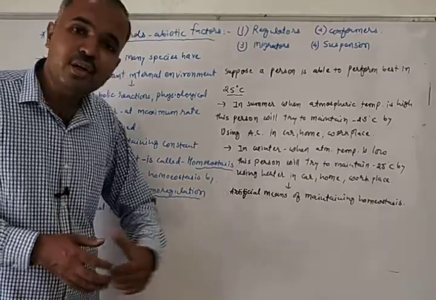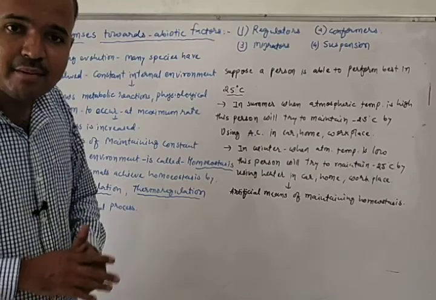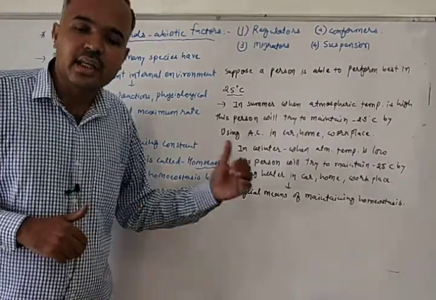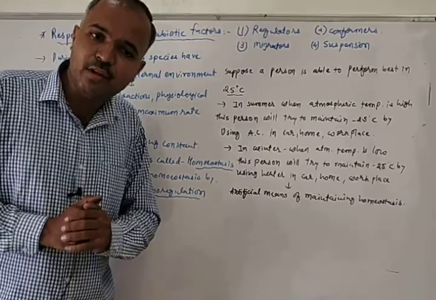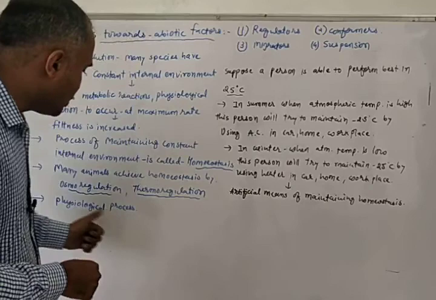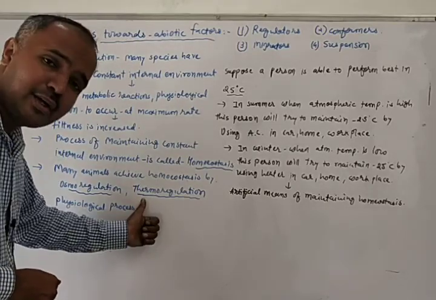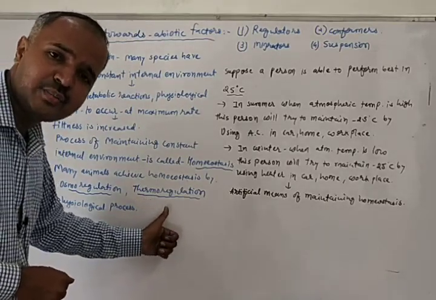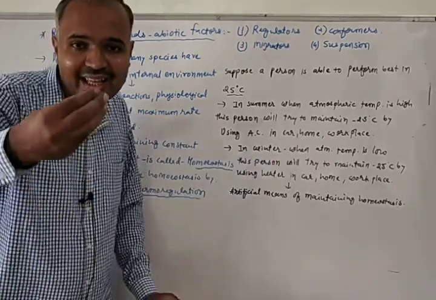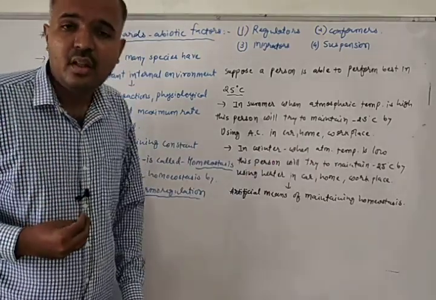So here homeostasis is achieved, but not by a physiological process, but by artificial means. He has not achieved homeostasis by thermoregulation, but by using either AC or a heater.